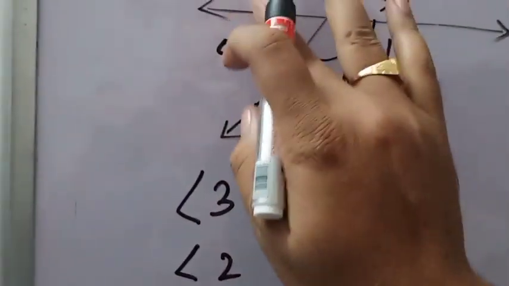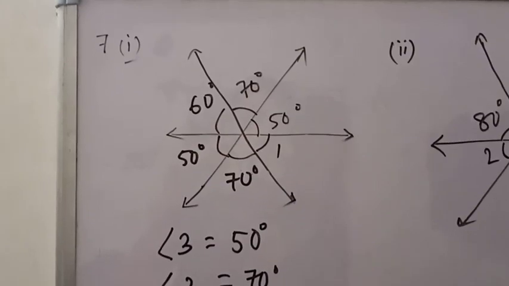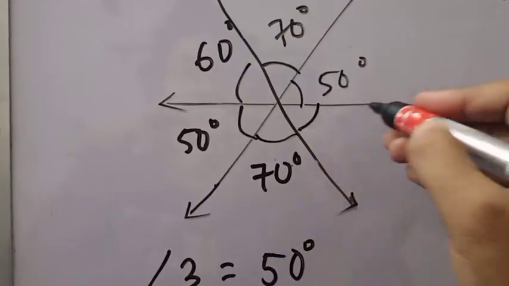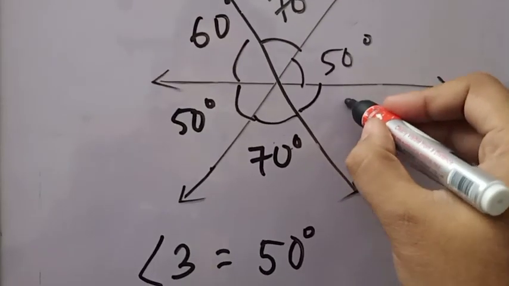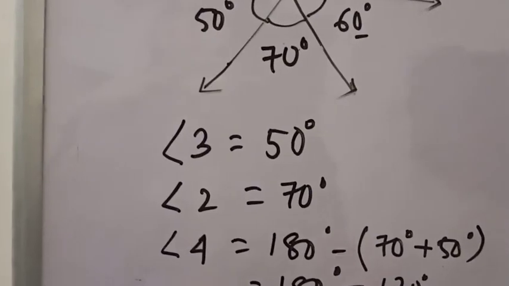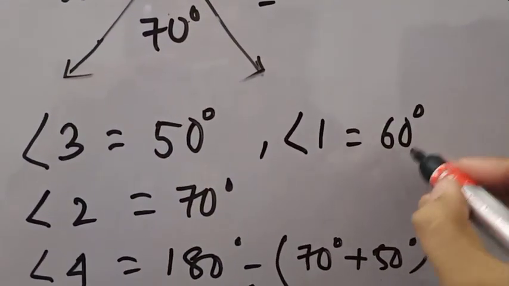So angle 4 equals 60 degree. If angle 4 equals 60 degree, then angle 1 also equals 60 degree. Why? Because vertically opposite angle.